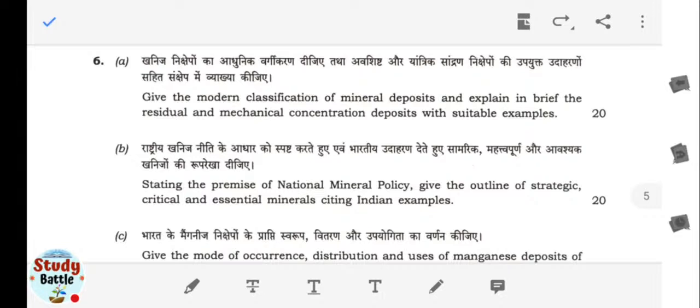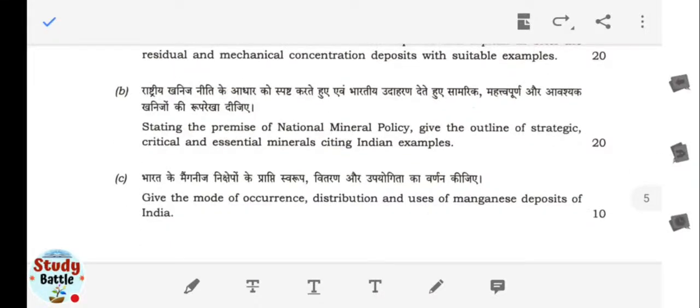Okay, state the premise of the National Mineral Policy, NMP, in acronym form we call it NMP. Give the outline of strategic, critical and essential minerals citing Indian examples. Okay, this is a very common question, a very easy question.